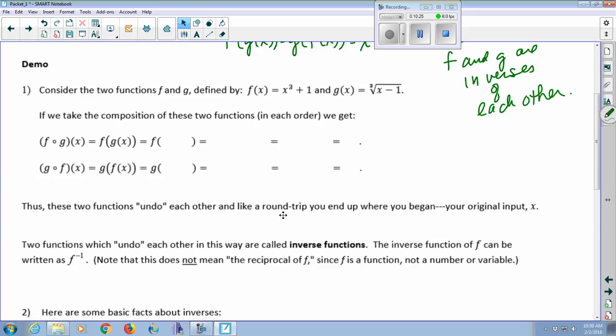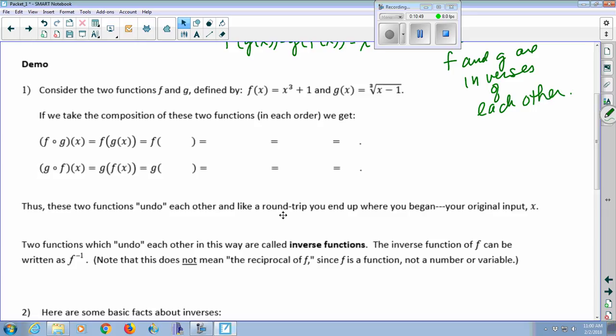Now, these two functions are inverses of each other. I'll tell you that right off the bat. However, if you wanted to prove this to me, or you didn't know that they were inverses, this is what you must do. You must compose them and then reverse the order of the composition, and the final result here has to be x.